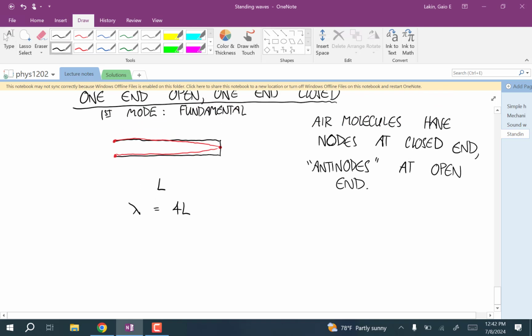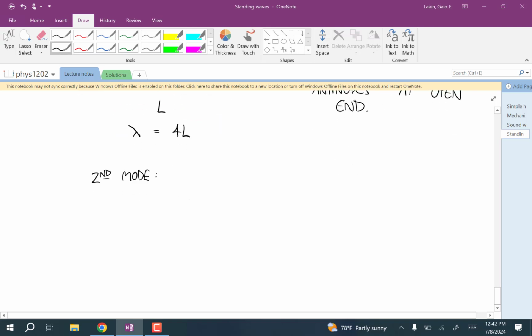And now we'll go to the second mode. Well, the column or the tube still looks the same. And we still have a node here. We still have an antinode here.